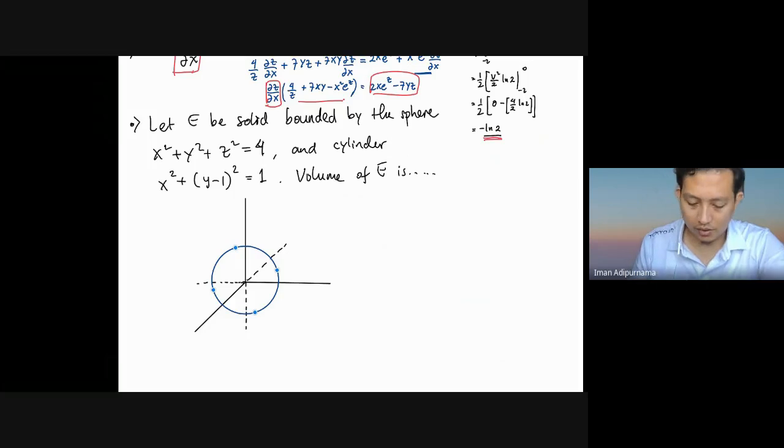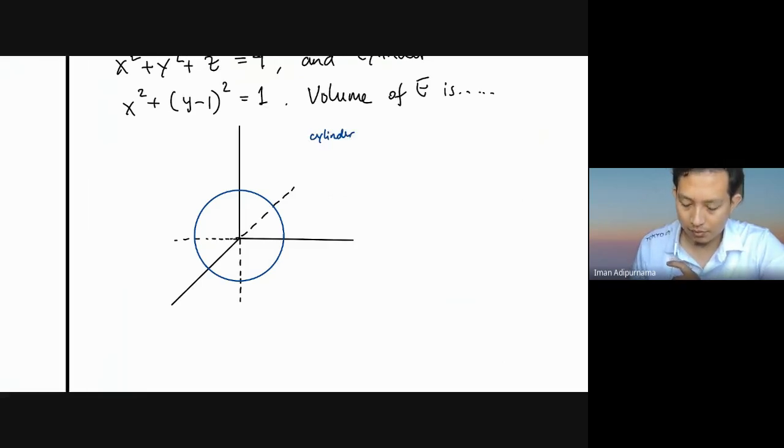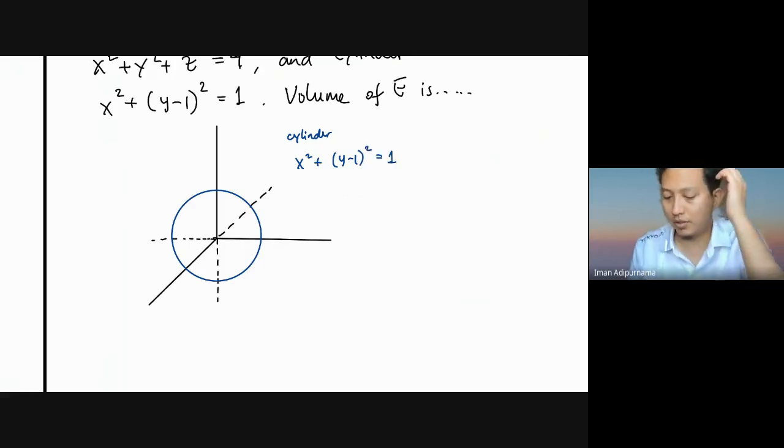Okay, let's say that is our sphere. And then we have the cylinder. Let me write here. The cylinder is x squared plus y minus 1 squared equal 1. Okay, this is a circle equation.